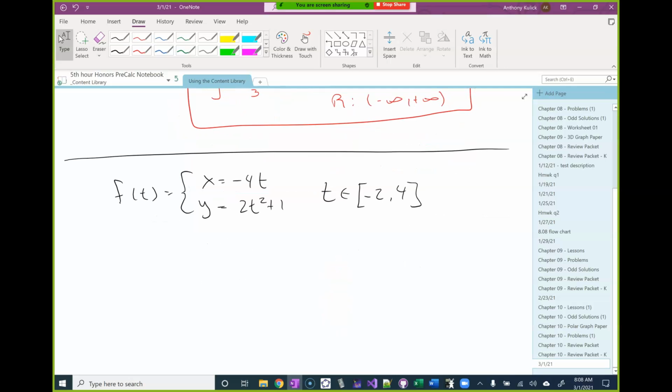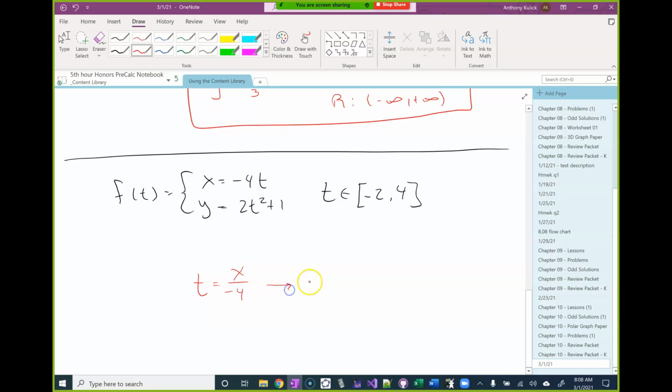All right. So here is my parametric function. If I'm going to eliminate the parameter, the first thing I'm going to do is solve one of the variables in terms of t. I almost always am going to solve x in terms of t because it leaves less cleanup at the end if I do it that way. So t is going to equal x over negative 4.